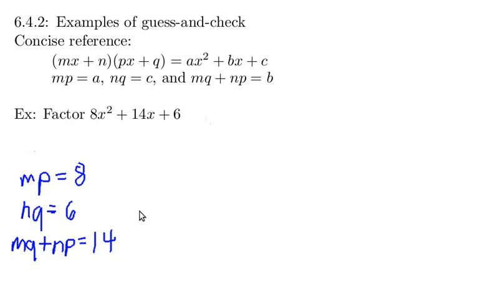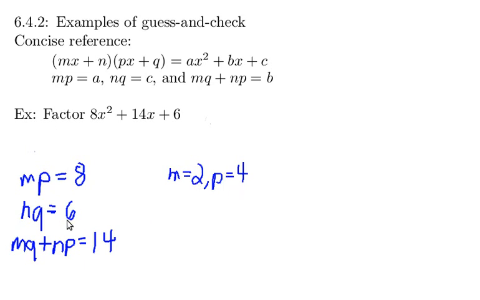So mp equals 8. So we'll say what things can multiply together to make 8. Well, m could be 2 and p could be 4. These are the only two whole numbers that you can multiply together to make 8. So if this does not turn out to be the correct answer, then we'll just have to mix these two up.